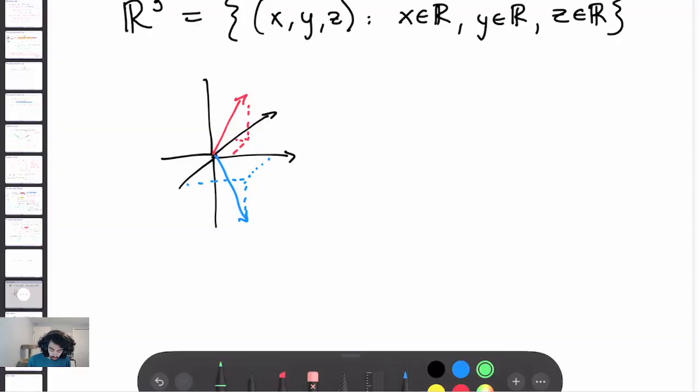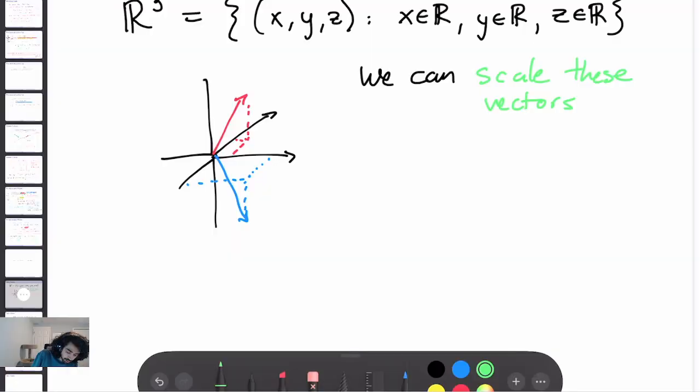One thing you can do is we can scale these vectors. In other words, just keep the same direction, but perhaps make it a little bit longer or a little bit shorter. And we can also add these vectors together.